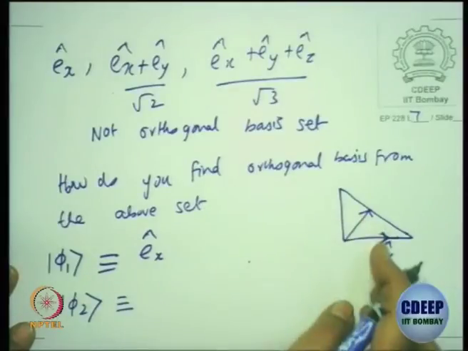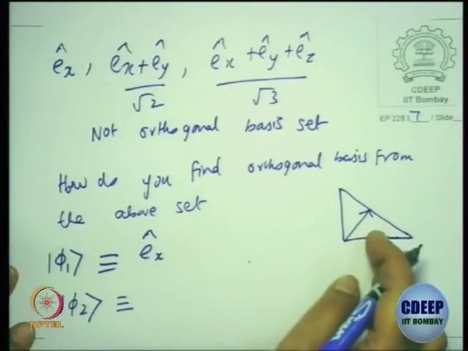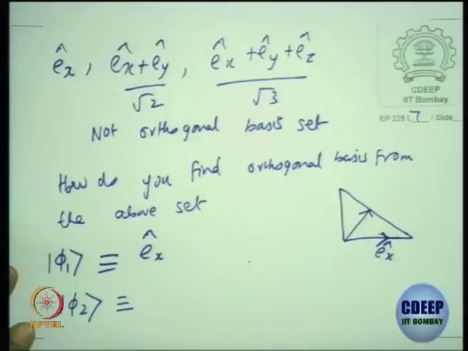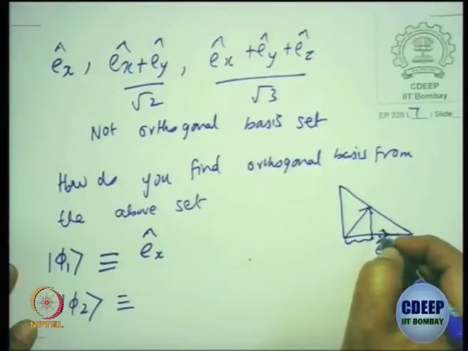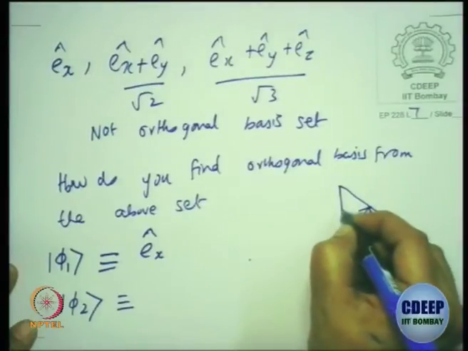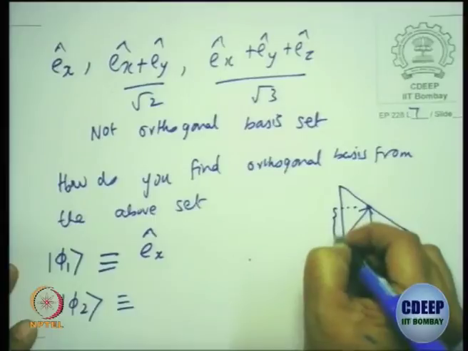The second one is making an angle of 45 degrees with the first one, but I want to make it orthogonal. How do I do that? Take the projection of that vector in this direction, subtract it out, and what you get will be this piece.